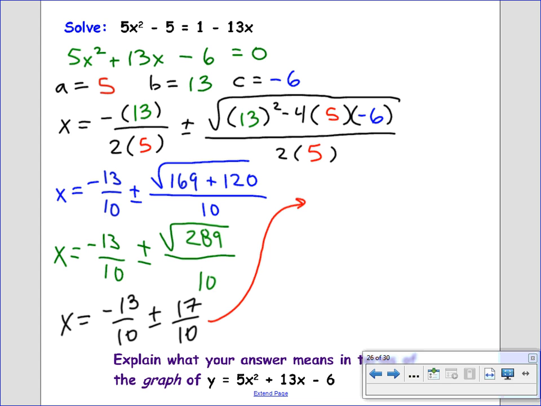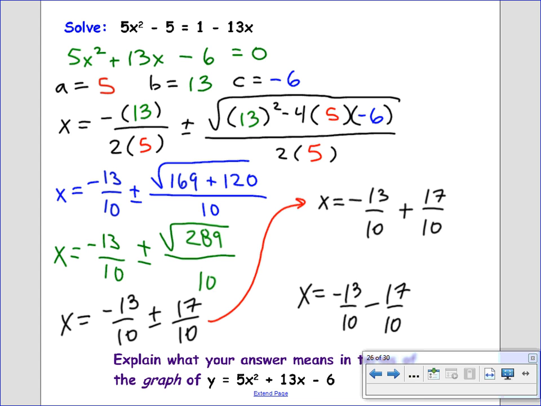This can be rewritten as two solutions. One of them is given by x equals -13/10 plus 17/10. The other one is given by x equals -13/10 minus 17/10. Let's see what that is.